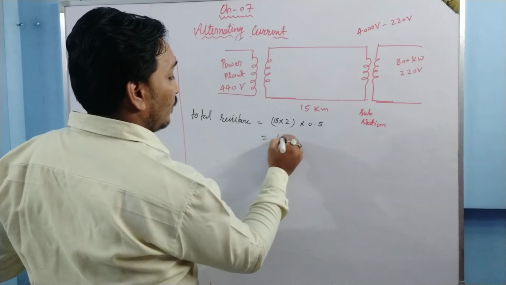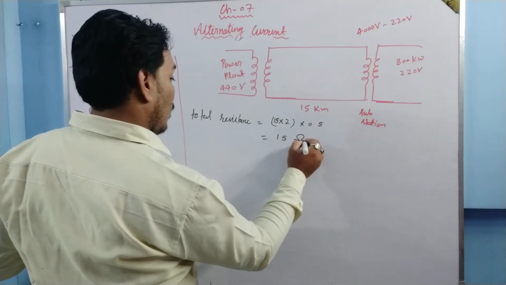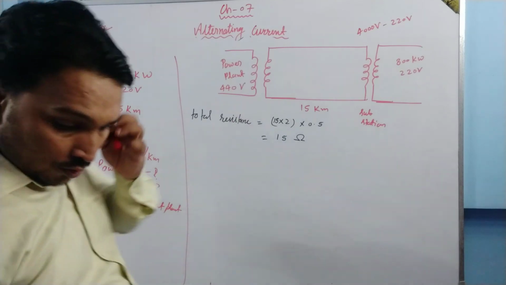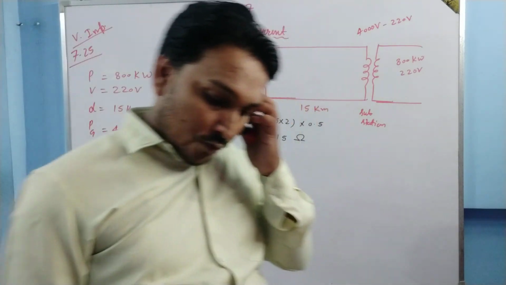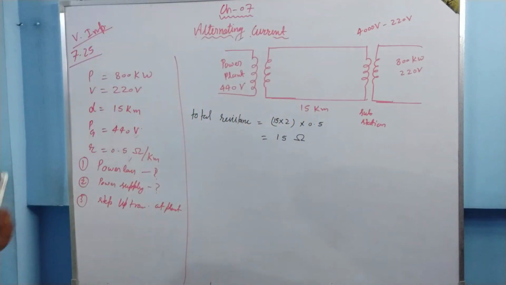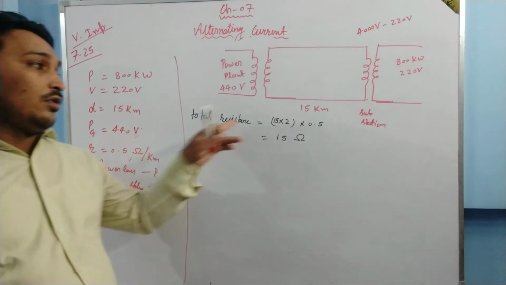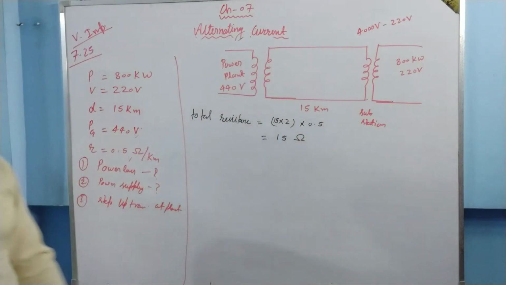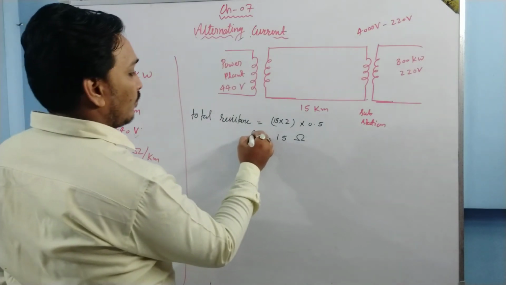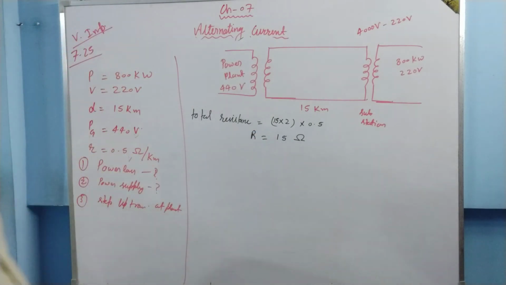We are going to have 15 ohm. Right? So this is your total resistance R.